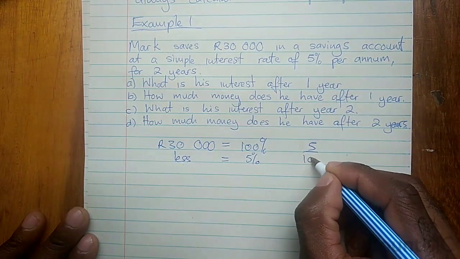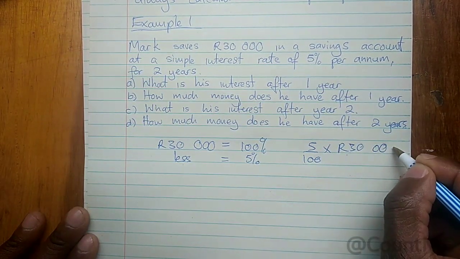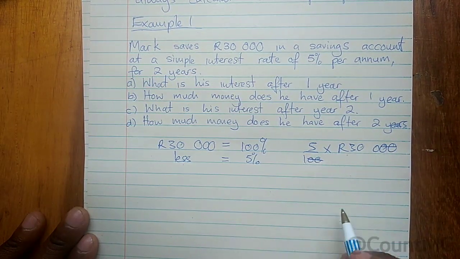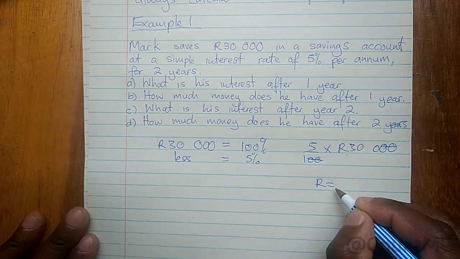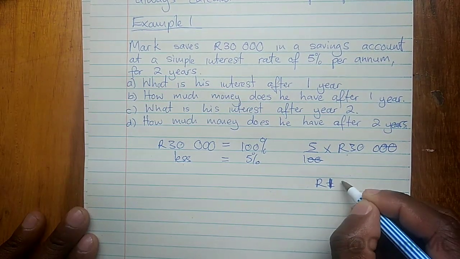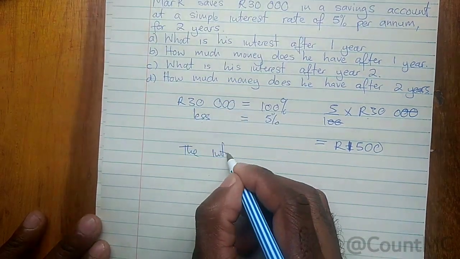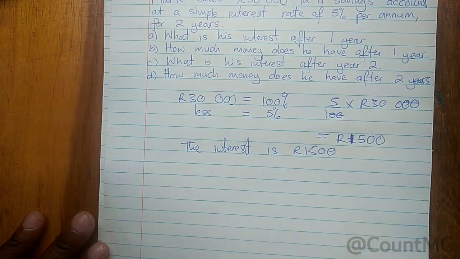So 5 over 100 times 30,000. 5 times 300, that's 1,500. So the interest is 1,500 rands after 1 year.